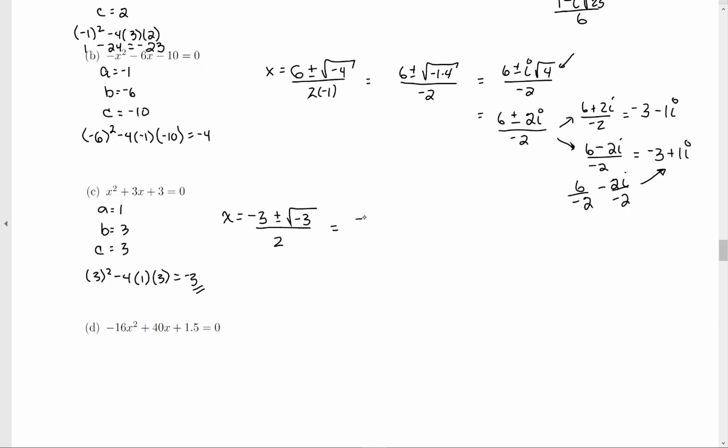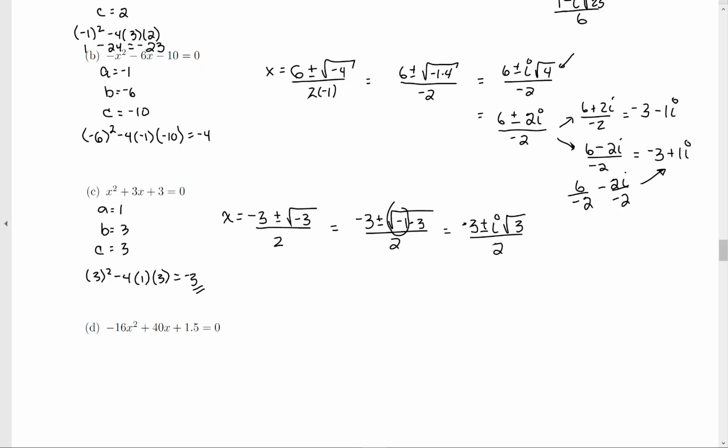In simplifying this, it's going to be negative 3 plus or minus the square root of negative 1 times 3, divided by 2. And again, the square root of negative 1 is i. The square root of 3, well, 3 is prime. We can't do much with that.